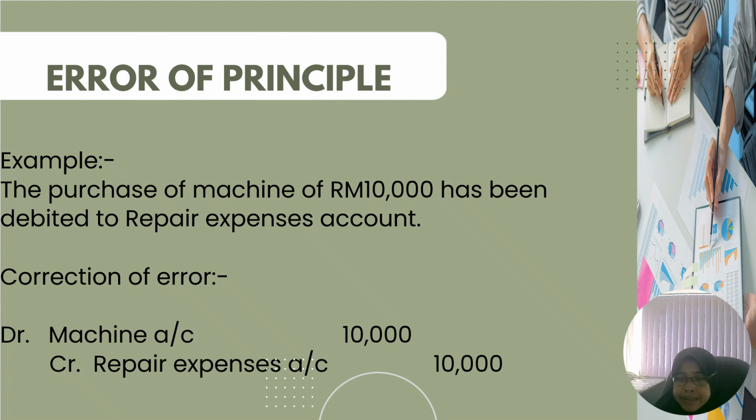Please bear in mind that machine is within the category of assets and repair expenses is within the category of expenses. So therefore, the error occurs within a different class of accounts. How do we correct the error? We need to debit the machine account by 10,000 and credit the repair expenses account by 10,000.